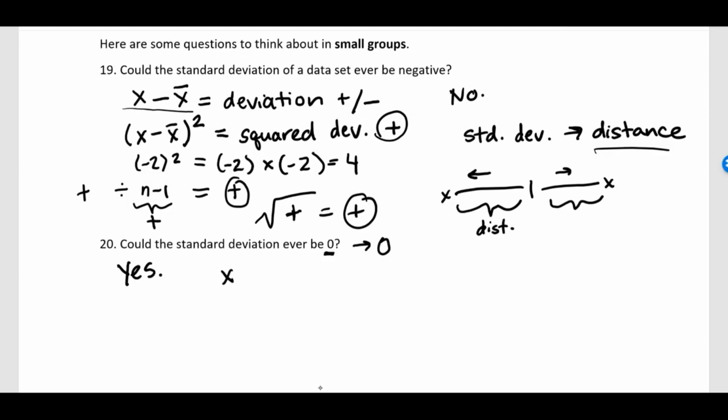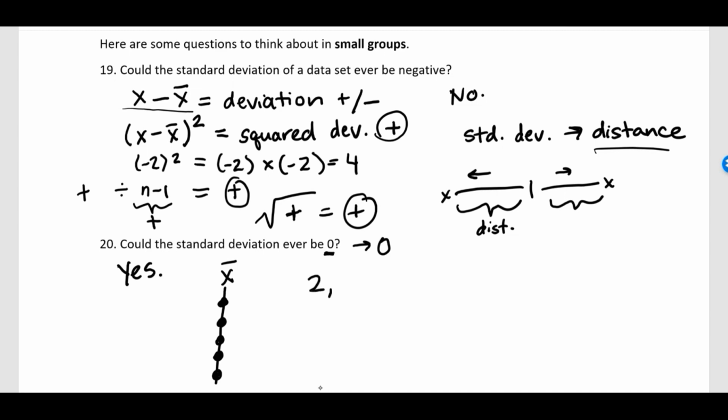If a data point is 0 away from the mean, that means it's right on the mean. If all your data points are exactly the same as your mean, then you have 0 distance from that mean.